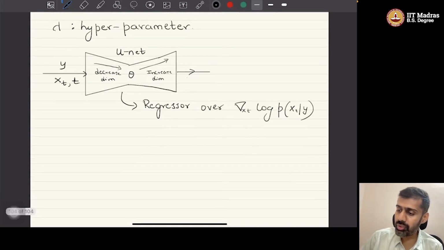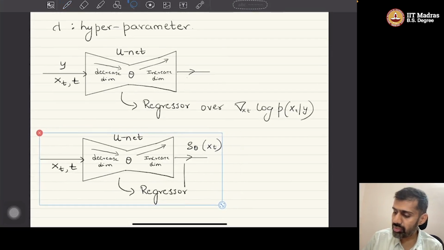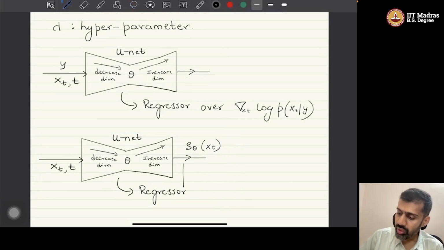So to do that, what is done in practice is you just make another copy of this same neural network, and give y as a null text or a null label. Suppose you are doing a text conditional thing, right? You can make it all 0. You can give it as the embedding corresponding to a null text. Okay. So now what does this do?